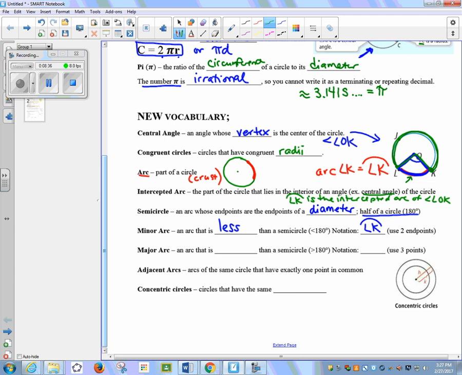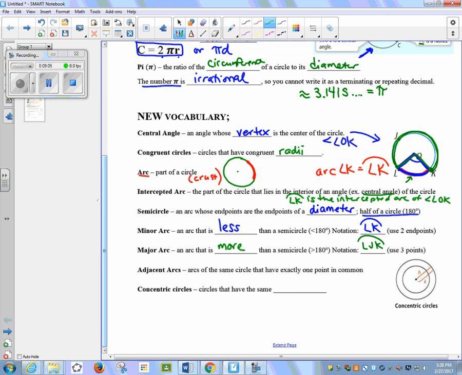So that's called a major arc, and it's an arc that is more than 180 degrees or more than a semicircle. When we do that, we need a different notation because if I just call that start at L and end at K, people are going to want to go the short way. To tell people that you want to go the long way, you've got to start at L, go through J, and end at K. So you're actually going to use 3 points to name that arc.